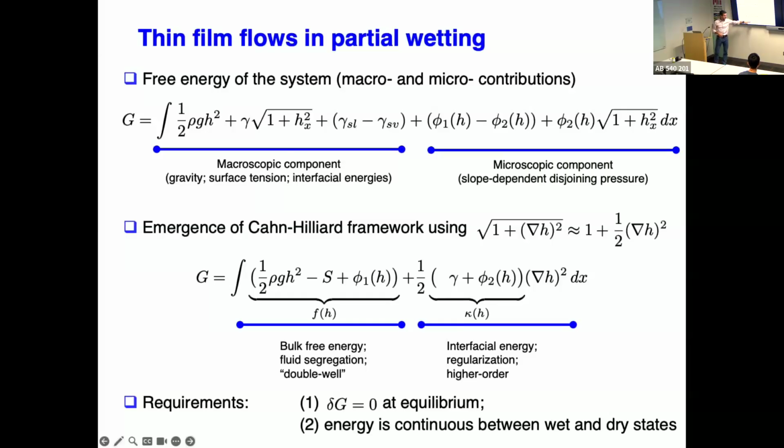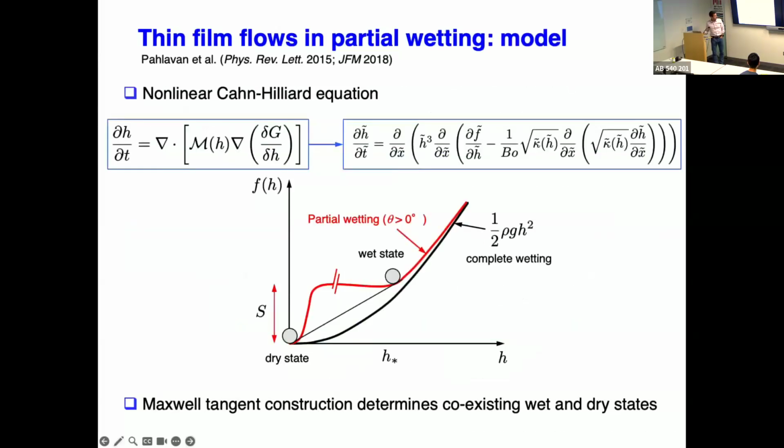The variation of the free energy is 0 at equilibrium, and you require continuity between wet and dry states to constrain what the form of those functions has to be. The end result is that you end up with an equation just to be solved for the film thickness, an equation that reflects or embodies the fact that you have partial wetting.